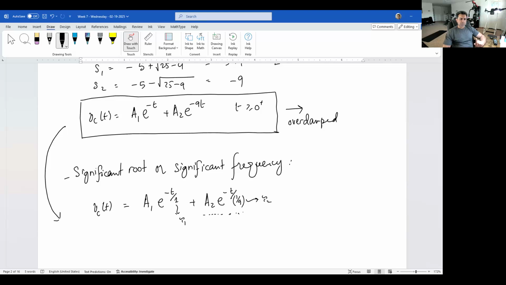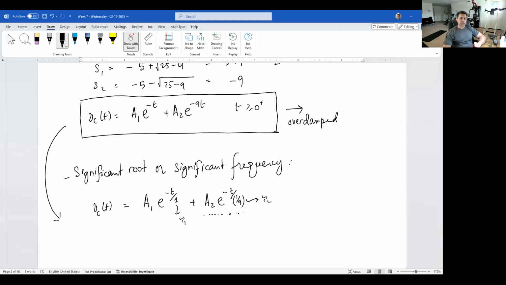So the significant root is not the second one as some of you told me, because that's dying down quickly. It's taking 1/9 of a second to get to 36%. It's dying down quickly, 2/9 of a second to die down even further. The first term is taking 1 whole second to die down to 36%. And then of course, it will keep on going.